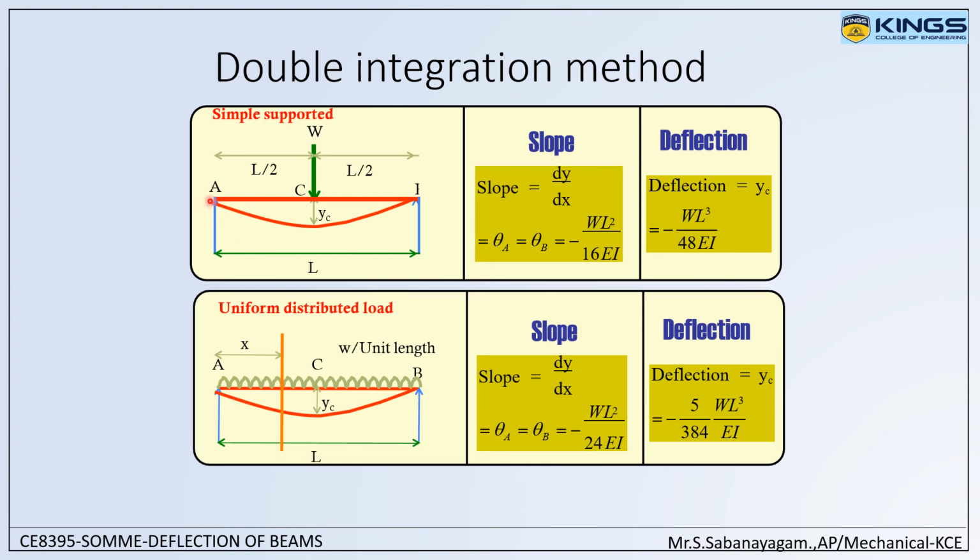Since at point A there will not be any deflection, at point B there will not be any deflection. The deflection will be at the point where the load is applied, right? And hence theta A is equal to theta B is equal to minus WL square by 16EI. This is obtained from the derivation. And also the deflection yc is equal to minus WL cube by 48 EI.